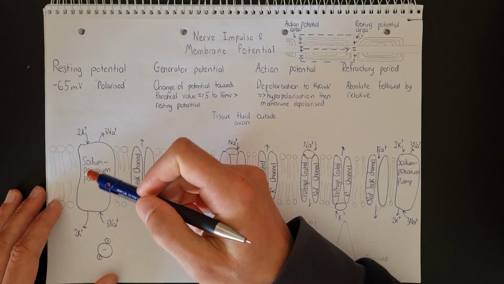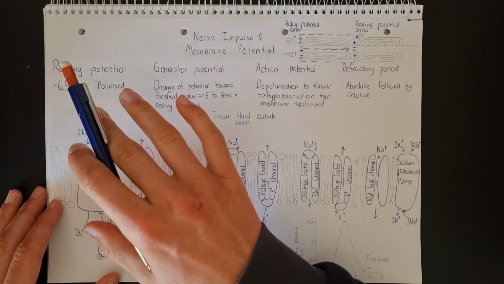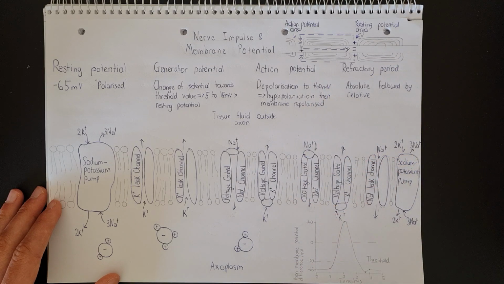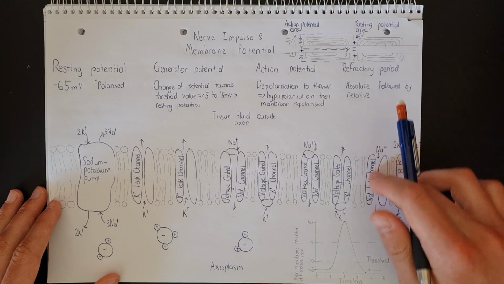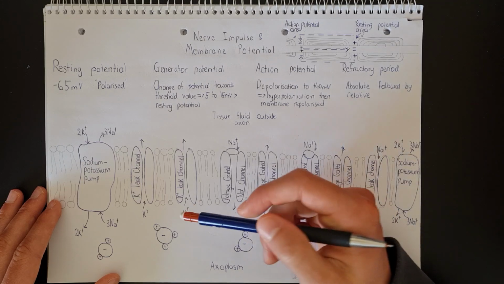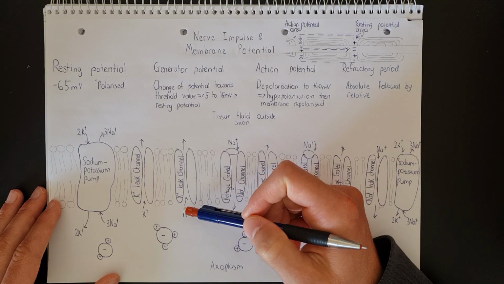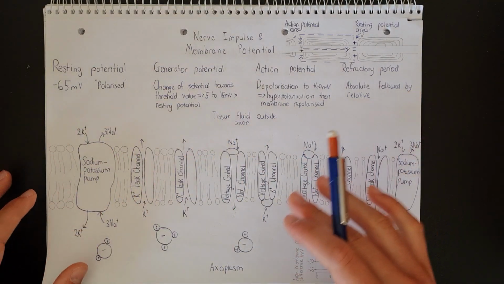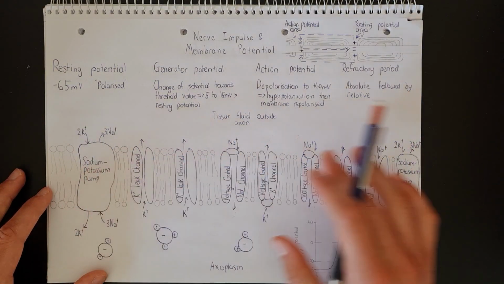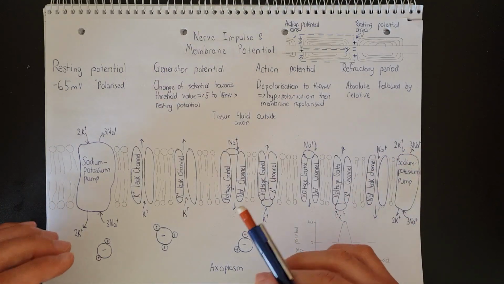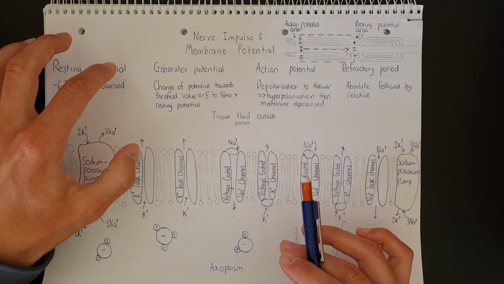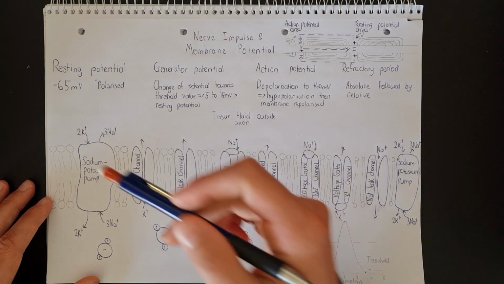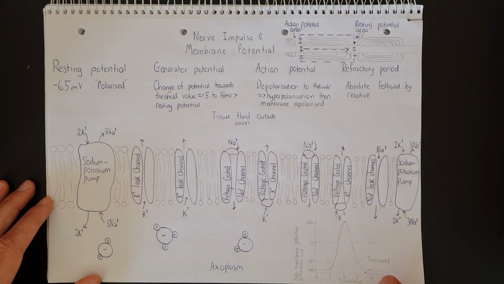Now, although the sodium-potassium pump is constantly working throughout all of the different potentials, the rate of diffusion of sodium ions back into the axoplasm compared to the diffusion of potassium ions out of the axoplasm will be balanced, so there will be no change in charge, and this is how we reach that equilibrium, the resting potential, and the steady membrane potential difference of negative 65 millivolts.